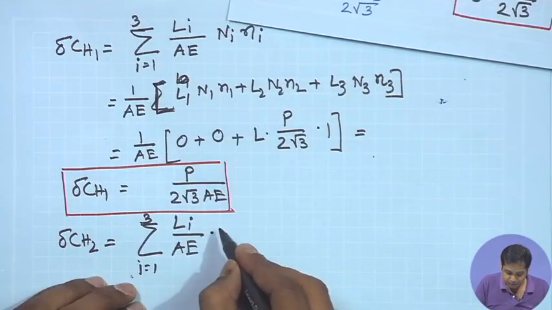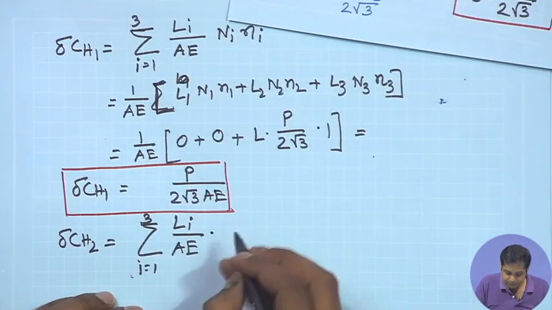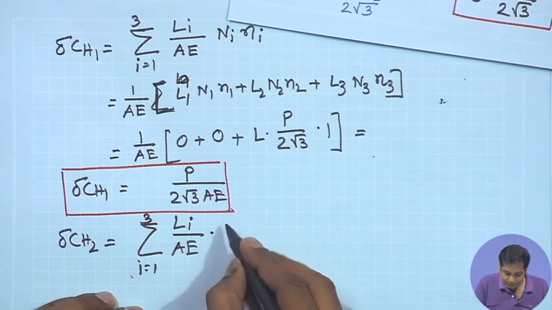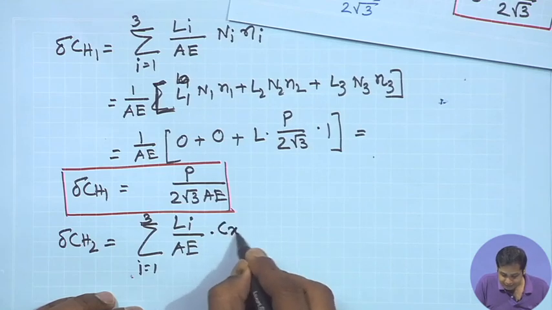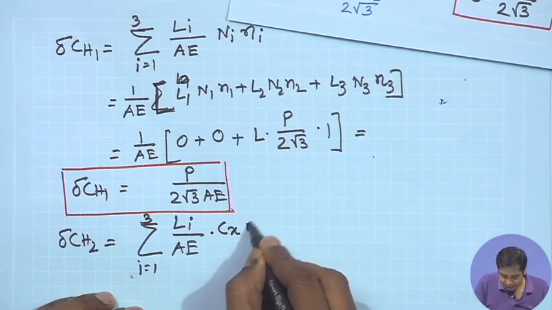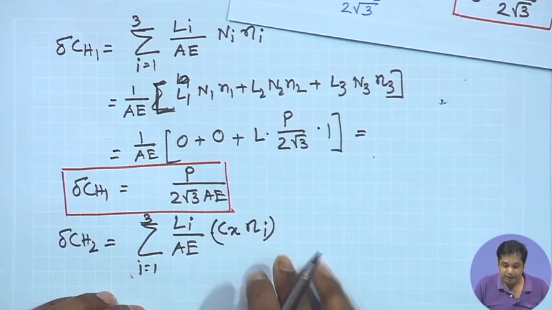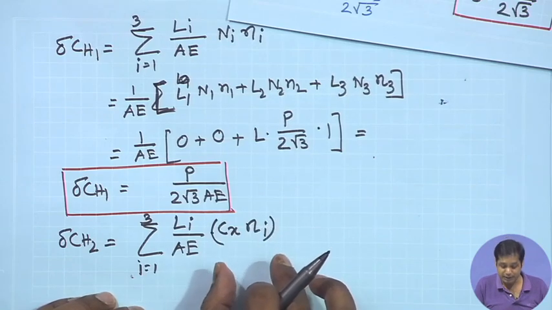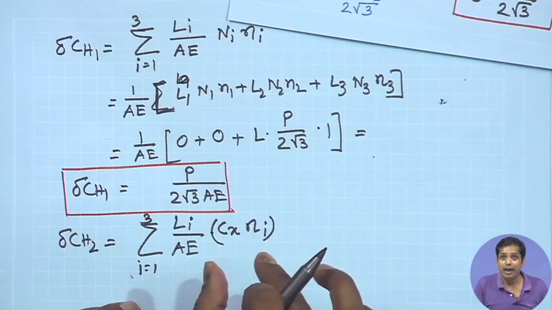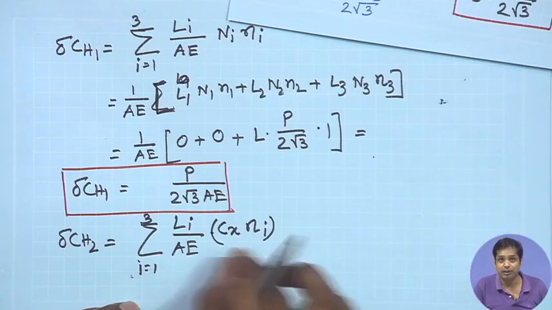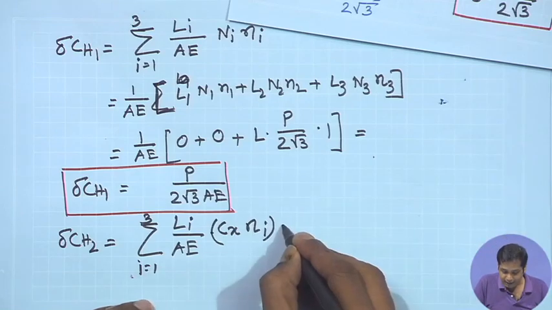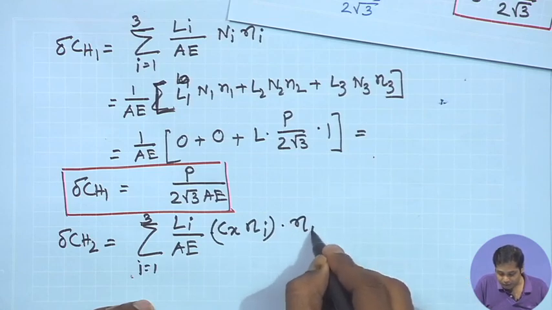So this will be Cx into Ni, which is the member forces when the actual load, in this case the dummy force Cx, is applied, and due to unit load which is Ni.